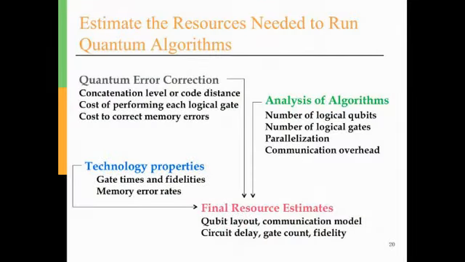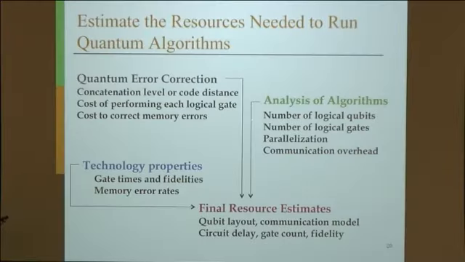So this is the structure of the resource estimation task. We will consider a certain set of quantum algorithms, and for each of these algorithms we will express the number of logical qubits we need to perform the task, the number of logical gates to do the computation, and also information about the parallelization factor and the length of the 2-qubit operations in the system.